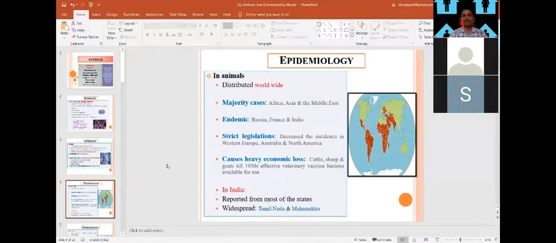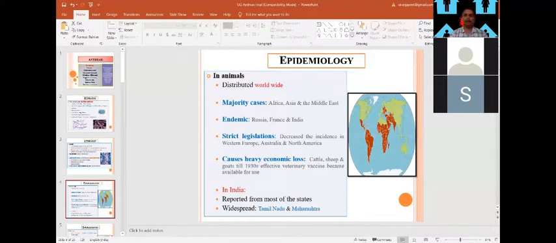After the 1930s, when effective vaccines became available, it also led to heavy economic loss reduction. The animal vaccine is known as Pasteur's vaccine. In India, it is reported from most states, but widely spread in regions like Tamil Nadu and Maharashtra.